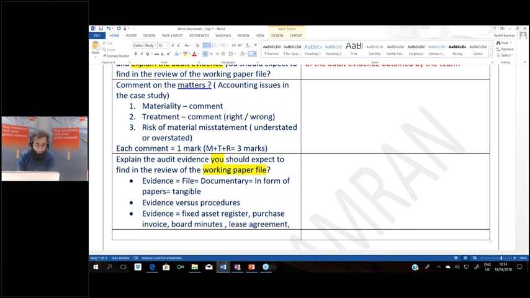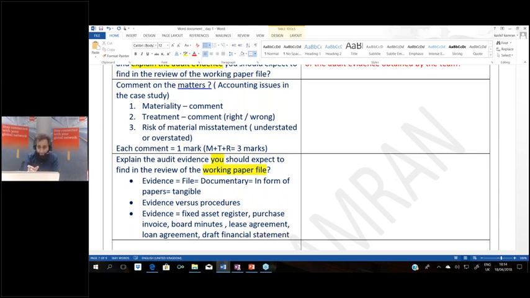The evidence could be the loan agreement. The evidence could be the draft financial statements. See, all these examples are in tangible forms, in paper form or in documentary form.